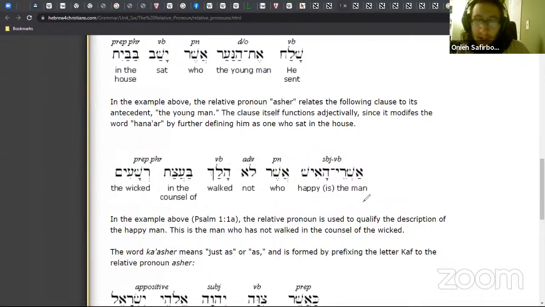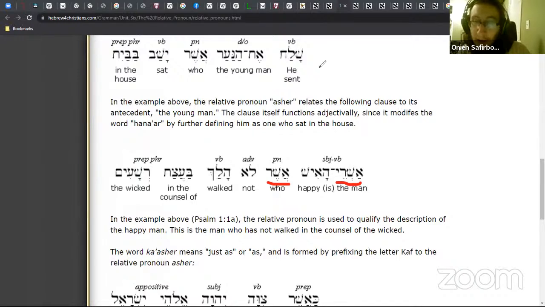So this almost is like a play on words in Hebrew because it uses Asheri and Asher, but they mean different things, with similar pronunciation. And so it's almost like poetry. That's from the Psalms, so that's probably why it's poetic like that.